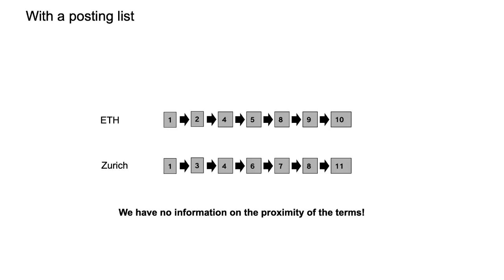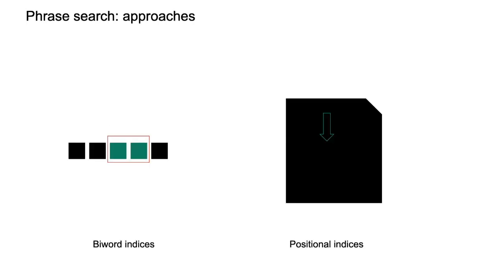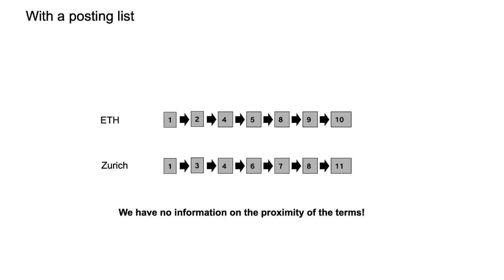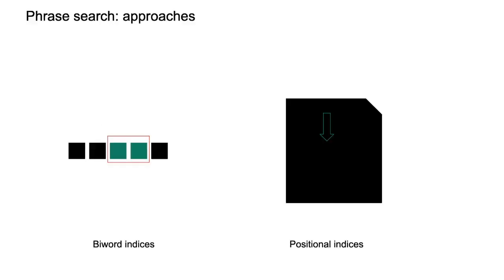They might be next to each other, or maybe ETH is at the beginning and Zurich is at the end. In fact, document 1 could be the web page of an Ethereum cryptocurrency website that is located in Zurich, for all you know. But what you want is ETH Zurich, the actual university. So we need something else, because it doesn't work just with standard inverted indices.